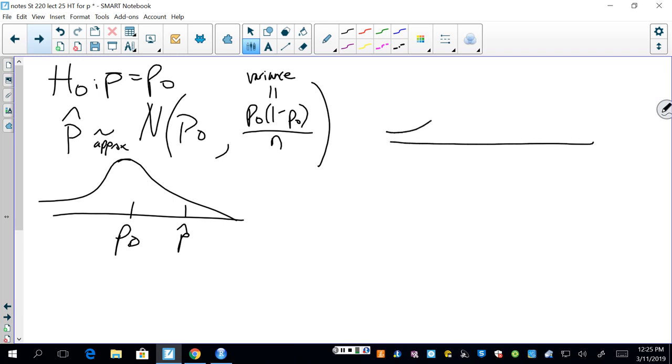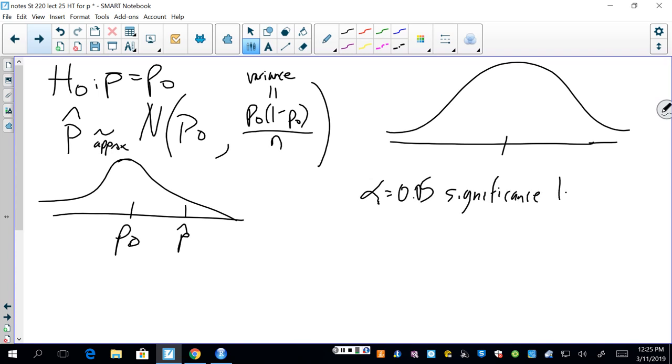A standard normal, if we are looking at a 0.05 significance level. We're looking at a standard normal, and we find places under the standard normal that have 95% of it. So we look at what is the tail.